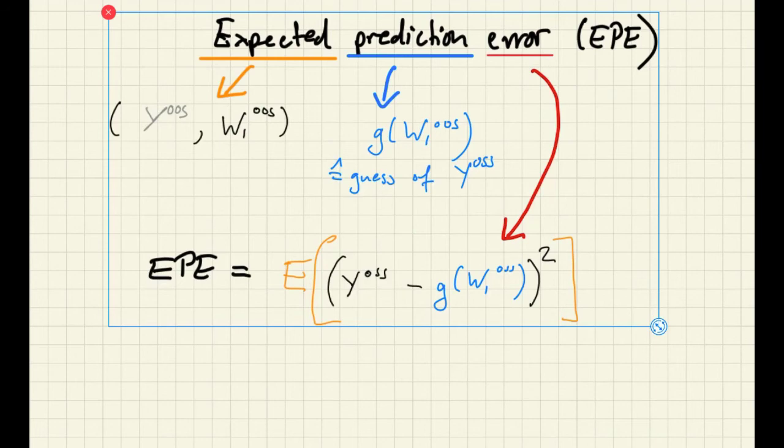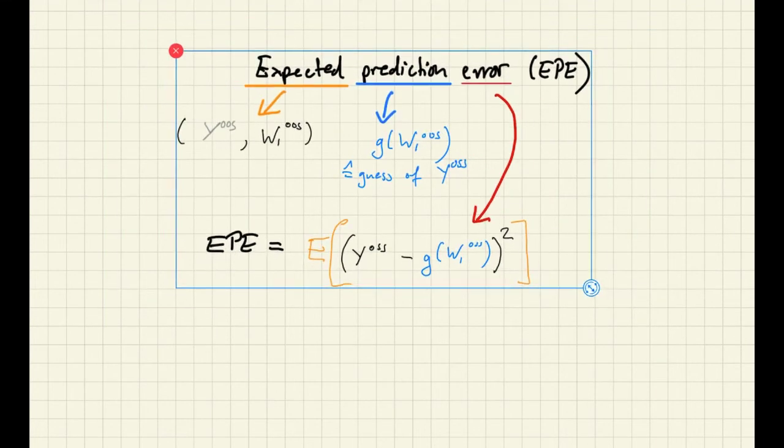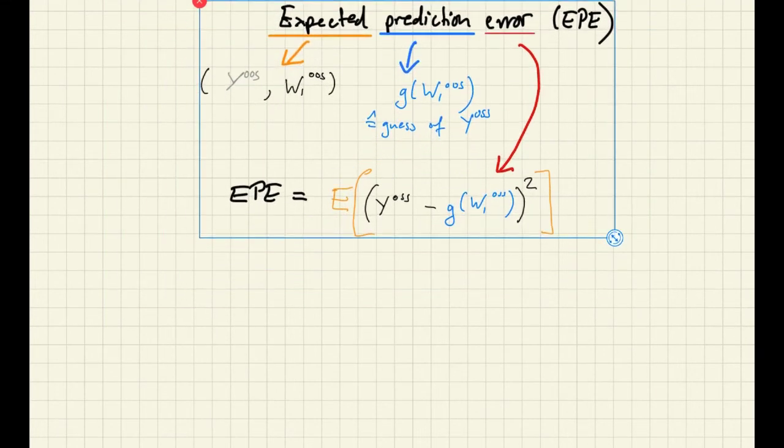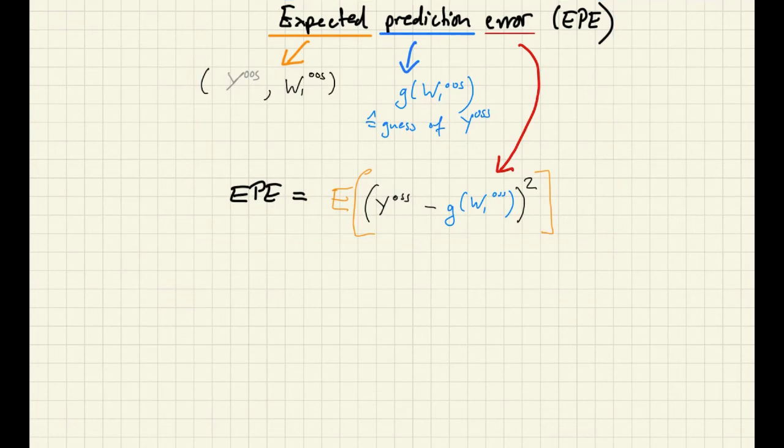Now that we have agreed on how to measure prediction error, we can start thinking about how we should choose our function g. So we're wondering, what is the best prediction?